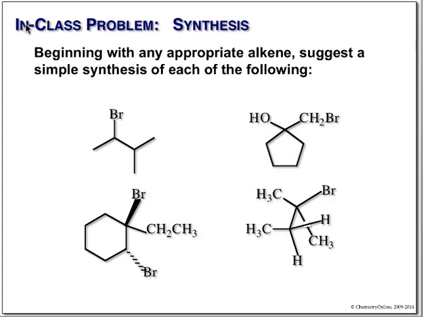I'm going to let you start with, quote, any appropriate alkene. And make these guys, you can make them all in one step. We'll take a 10-minute break or so, and then we'll come back and we'll do organic synthesis.